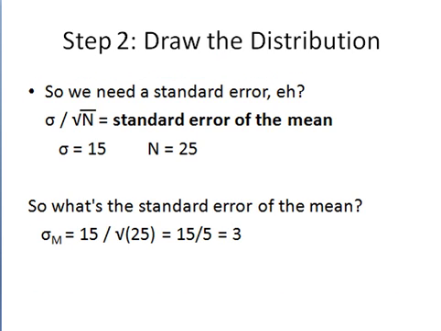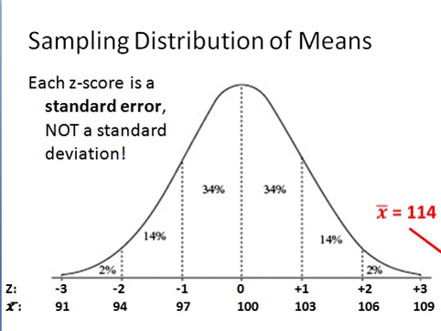And when we go back to our distribution, here, fortunately PowerPoint let me do that. Each z-score is a standard error, and it's not a standard deviation, again. So when we're plotting this, the z-scores now correspond with each increment of 3 units of standard error.